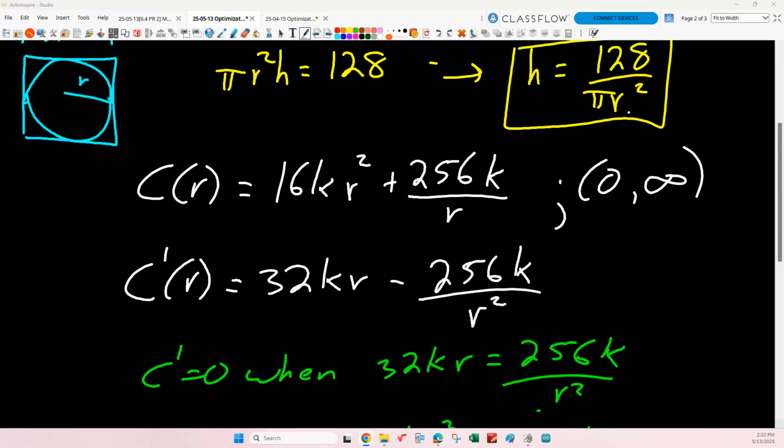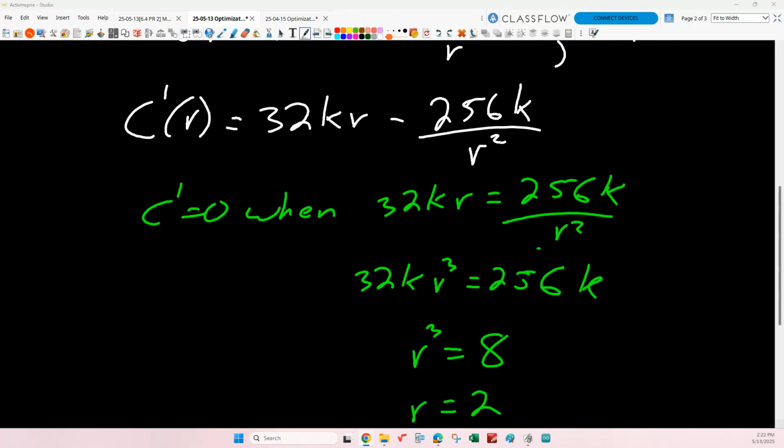Okay, just to justify this, though, to show that that's a minimum, the second derivative is actually going to be pretty easy. You don't have to really do much with it. What is our second derivative? 32k plus, and there's the key thing, it's going to be plus some fraction involving r, right?